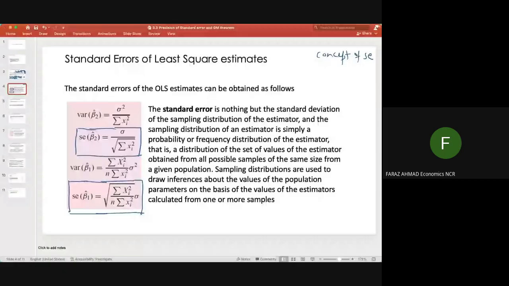So, saying more about the concept of standard error. Standard error is nothing but the standard deviation of the sampling distribution of the estimator, and the sampling distribution of an estimator is simply a probability or frequency distribution of the estimator.